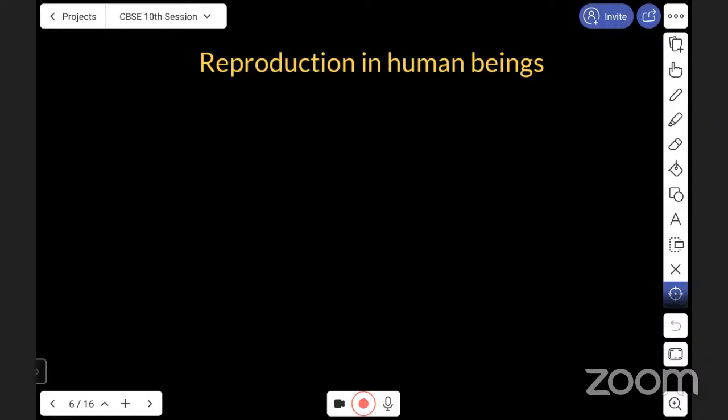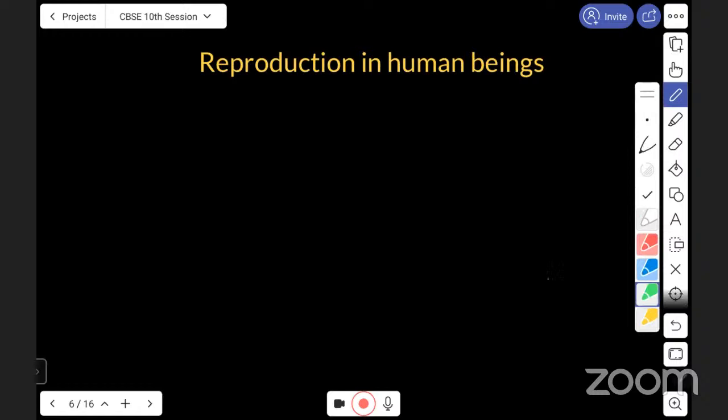Next, you should be knowing all the important functions of different parts of the male and female reproductive systems. So now let's quickly go through the important functions of different parts of the male and female reproductive system. So in the male reproductive system, okay, the most important organ is basically where the gametes are produced.